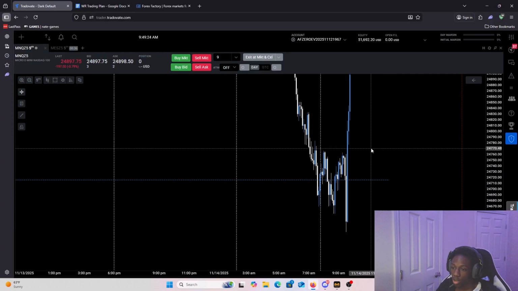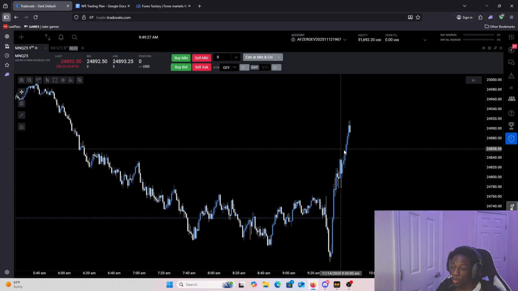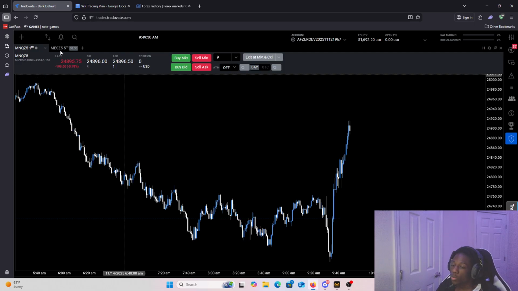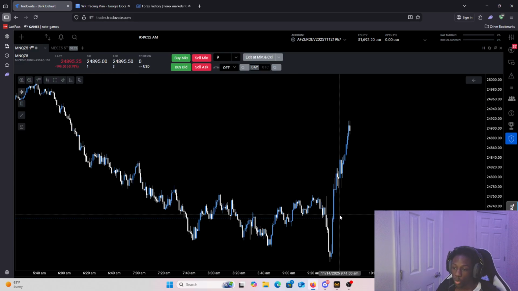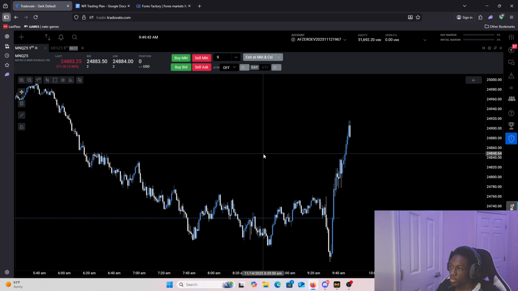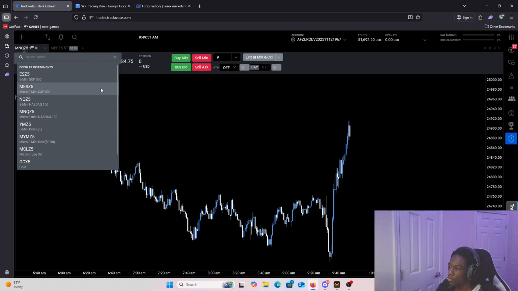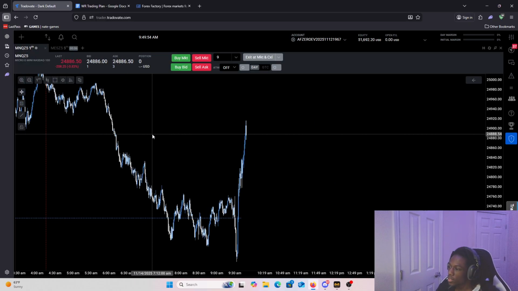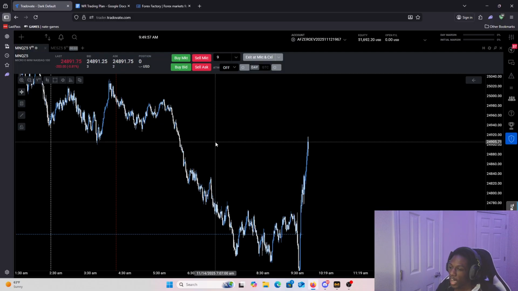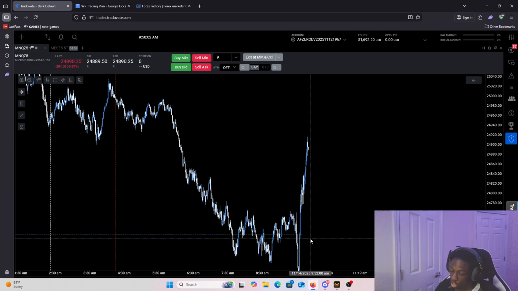I waited. I saw a draw on liquidity, dropped to the 5 minute or to the 1 minute. I saw what really made me want to trade early. I wanted to enter a lot lower, like around this area during this break of structure, because I saw a break of structure down here.